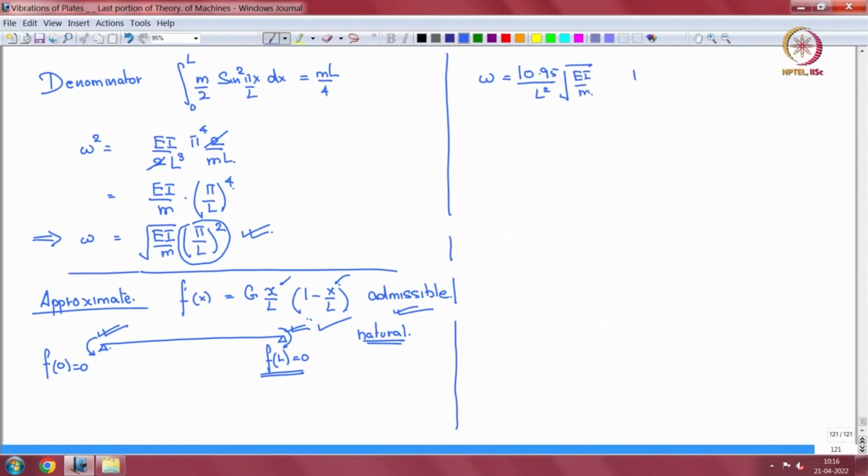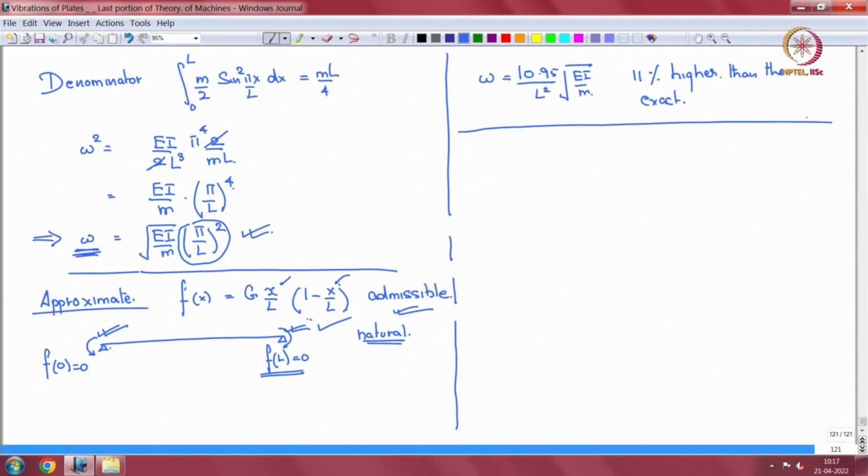So it's about 11% higher than the exact. Next, you can see that the fundamental forms a lower limit, everything else will be above that number.